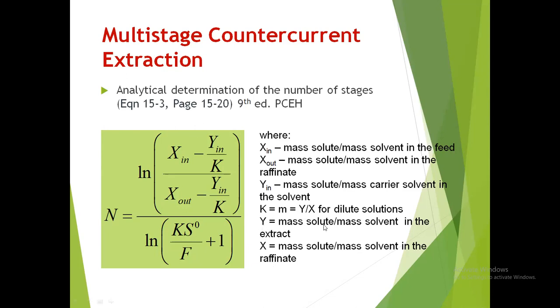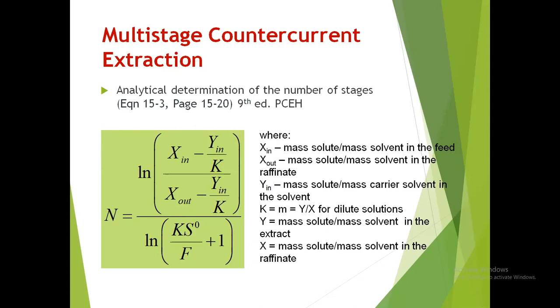Okay? What is this Y and X? Y is the mass of solute per mass of solvent in the extract. And then X is the mass of solute per mass of solvent in the raffinate. Now, notice that they are written in capital letters, the X and the Y, so meaning they are not mass fractions, but rather mass ratios. You learned that in our chemistry. Whenever x is written small, then it's a fraction.